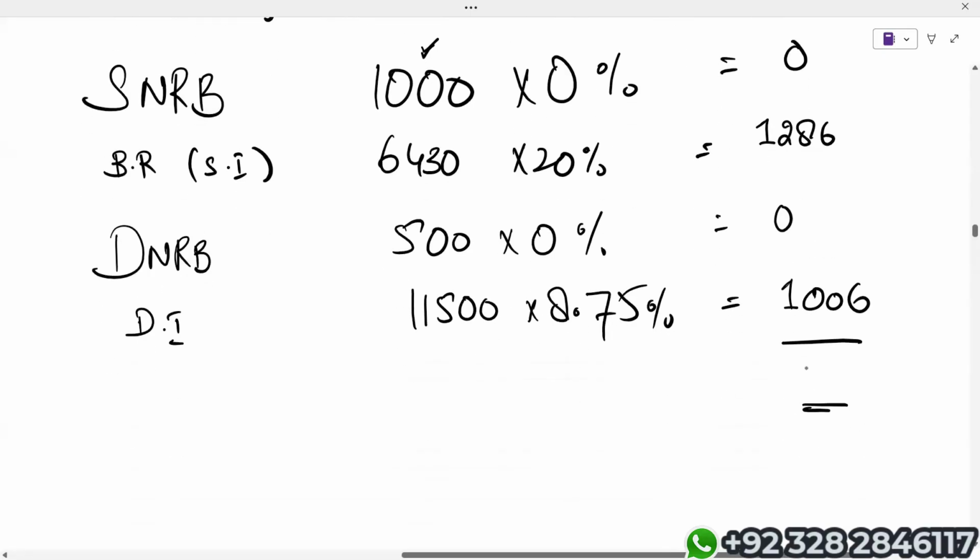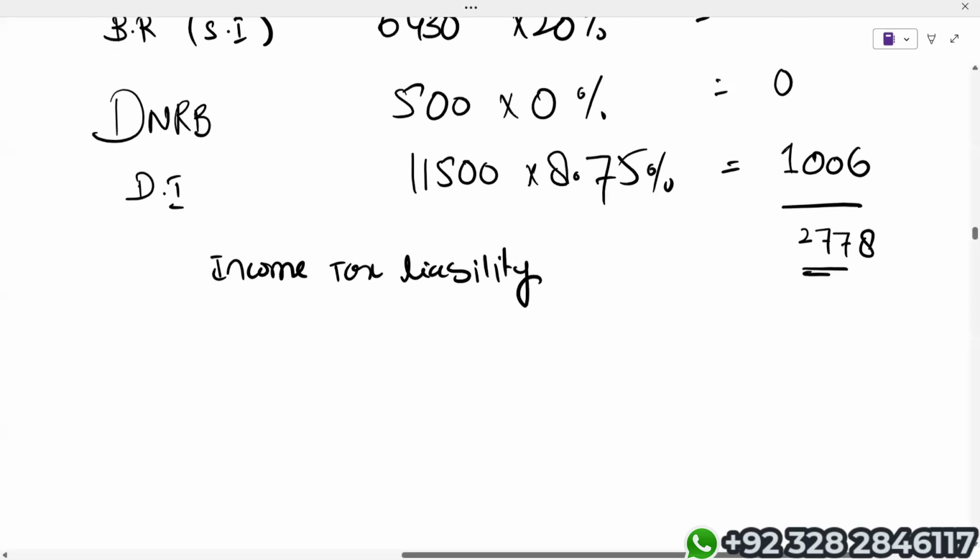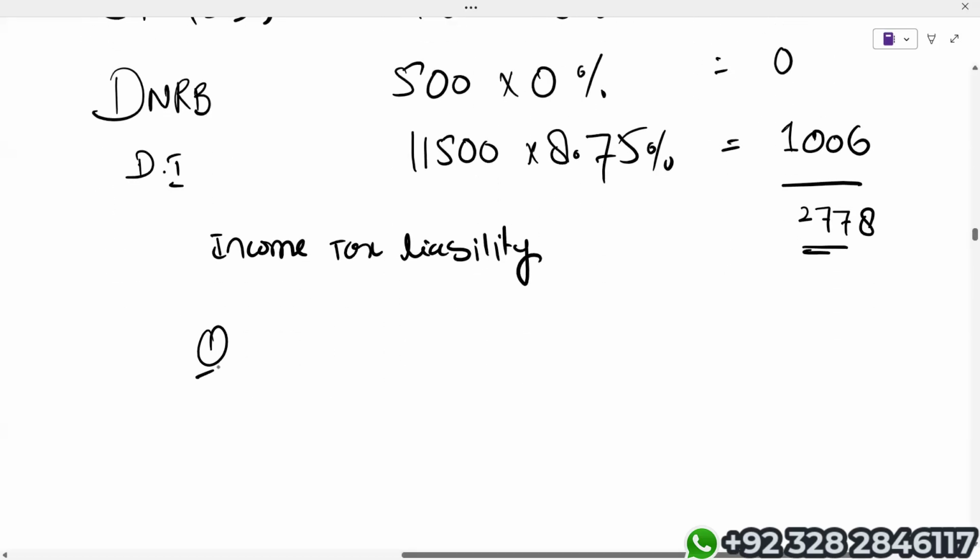Students, I'm getting income tax liability of 2,778. Income tax liability is 2,778.